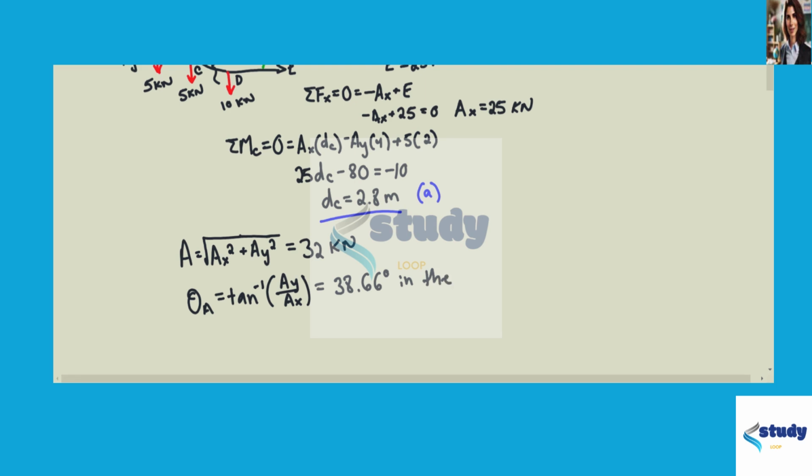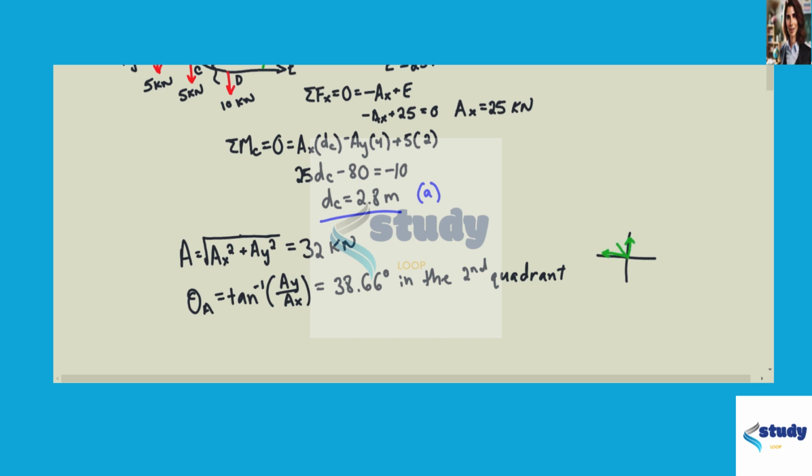And I'll explain why. So our graph of A was like this, and AY was in the positive direction, and AX was in the negative direction. So our reaction force will be in the second quadrant.